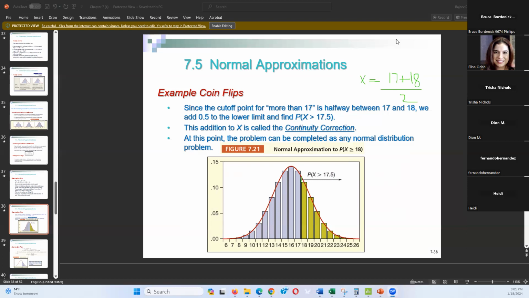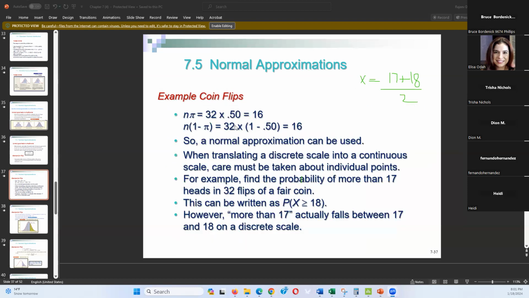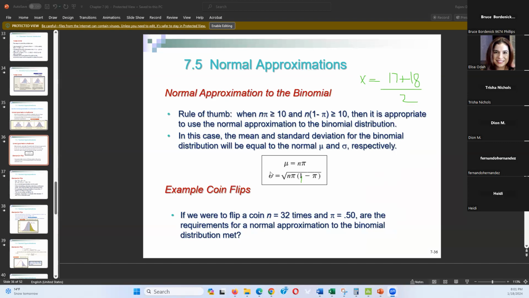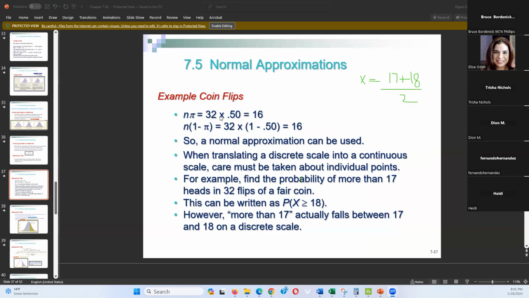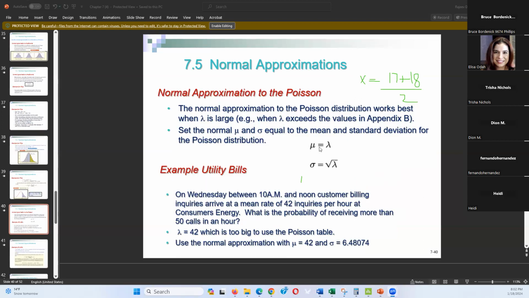Okay, if this is clear, you can do the same thing. The only thing you need to do is mu and sigma, and n pi is 13 to 16. Similarly, for the Poisson distribution, mu equals lambda, and sigma equals the square root of lambda.